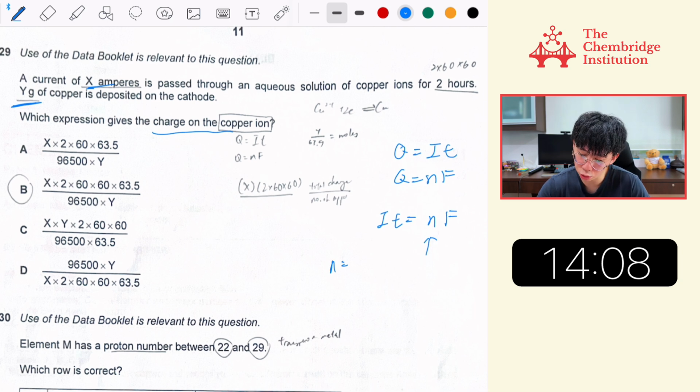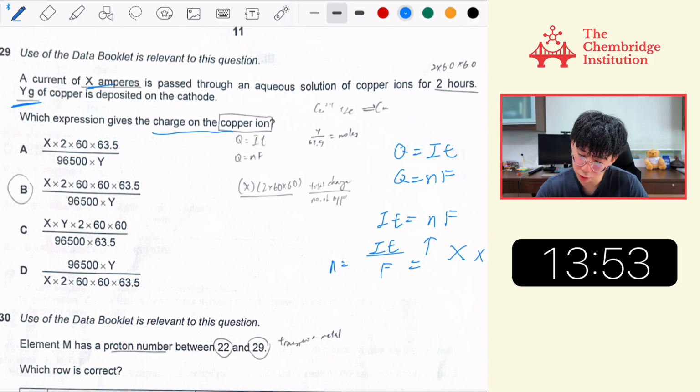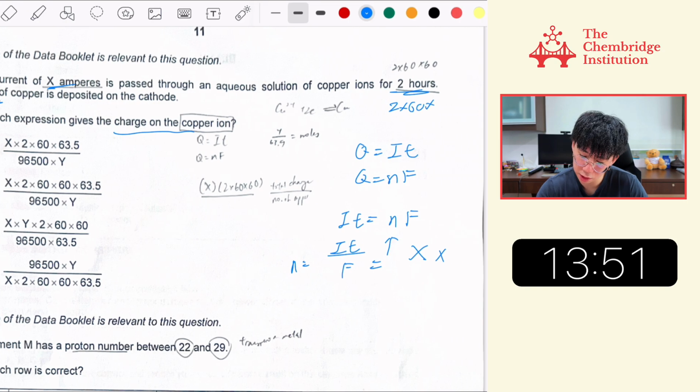So n equals It over F. Okay, and we know I is X. This is X times 2 hours, which is 2 times 60 times 60, because we need it in seconds. And then this divided by F, which is 96500.